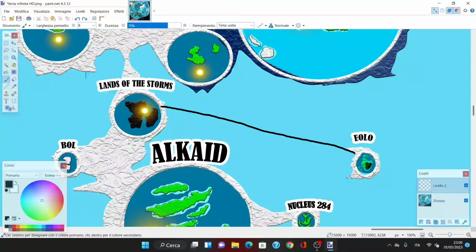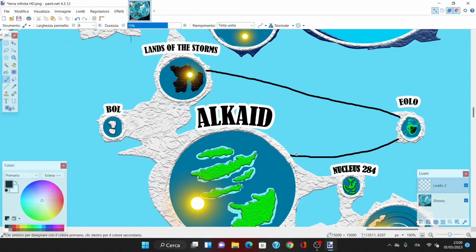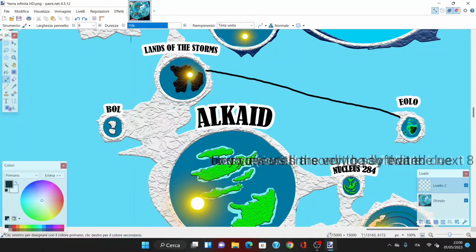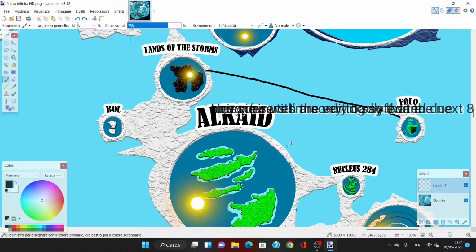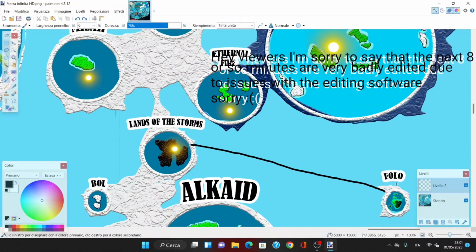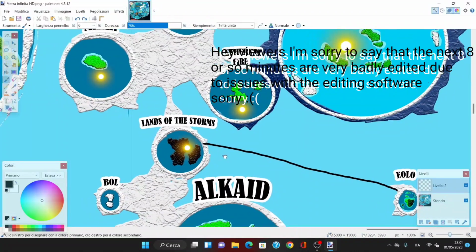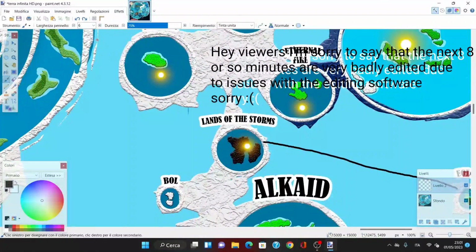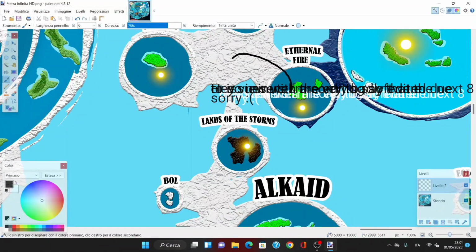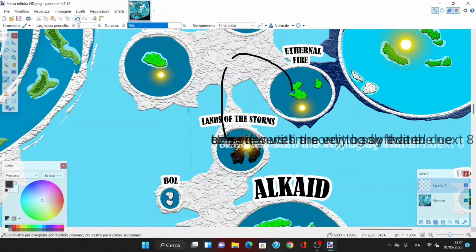Thankfully for Alkaid, there's a bigger and more resilient barrier of ice walls that doesn't let the winds of Eolo ruin the lands of Alkaid. On the other hand, the power and energy generated by the winds of Eolo reach the smaller ring of the lands of the storms and create another reason for the spatial distortions that are created by the union of these two.